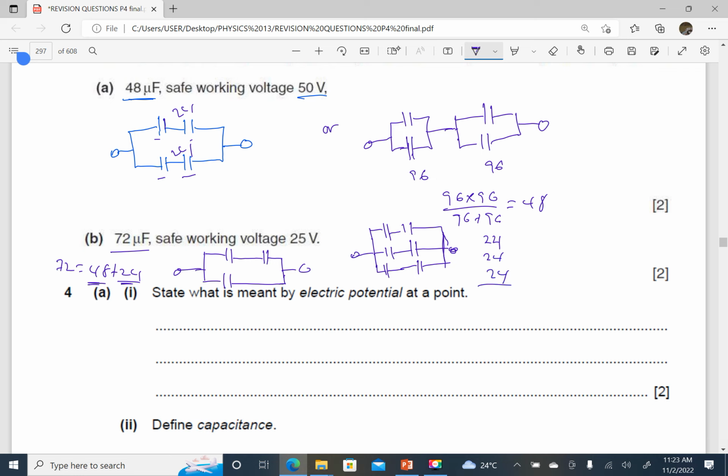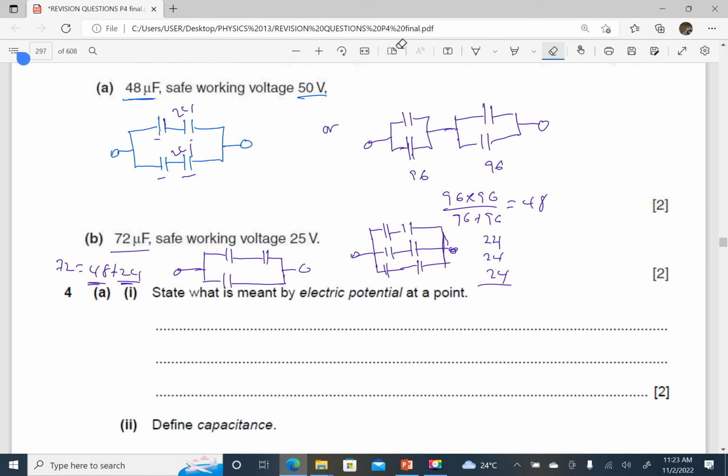So you need to be creative enough when you are coming up with these combinations. For whatever combination, try to check and see if you arrive at total capacitance as required. If yes, then the combination is fine.